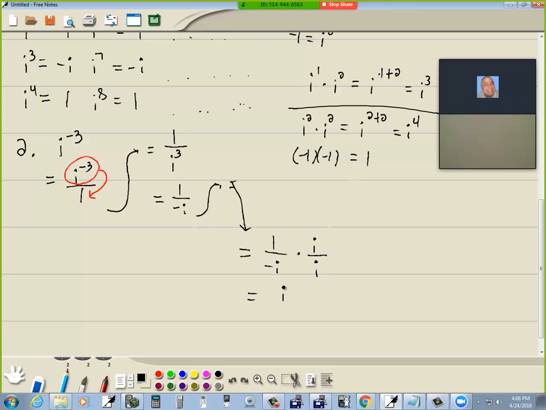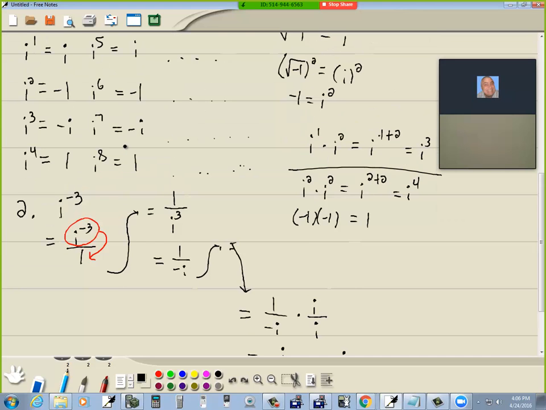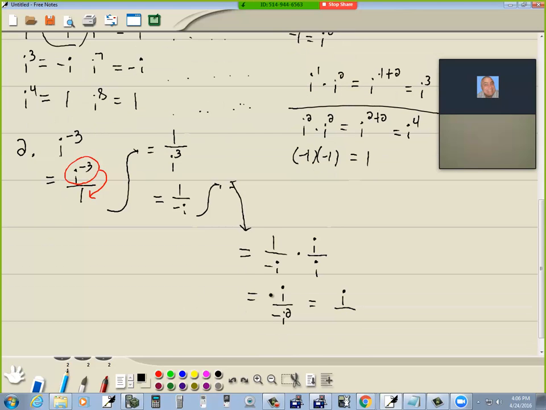Now 1 times i is i. And negative i times i gives us negative i squared. But i squared from right here is equal to negative 1. So this would be a negative 1, which gives us i over positive 1, which gives us i.